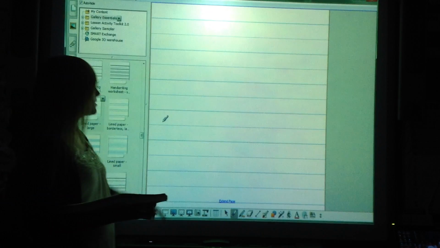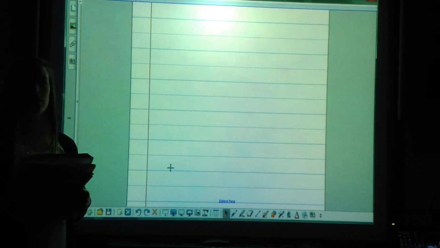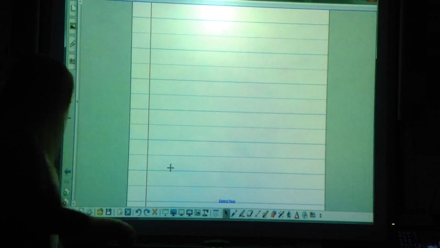Alright, this next section is going to look a lot like when we were solving equations. Our title says identify the number of solutions.